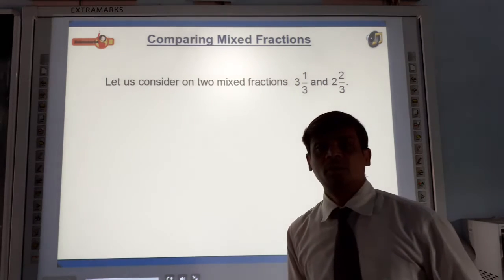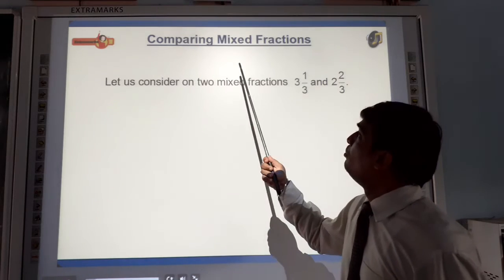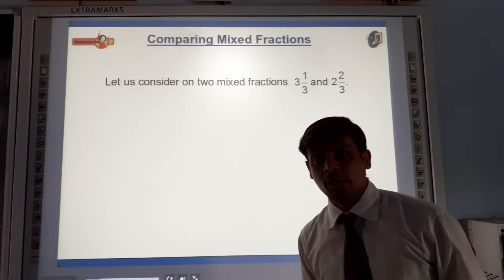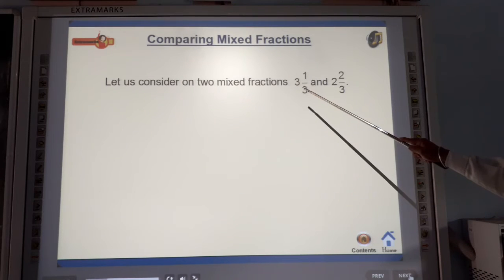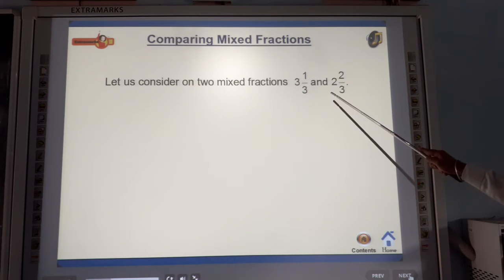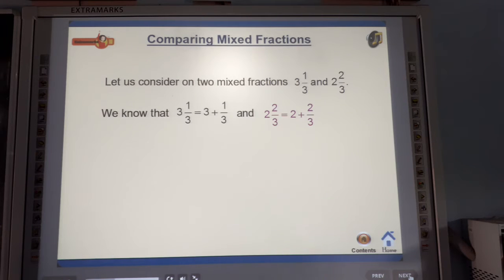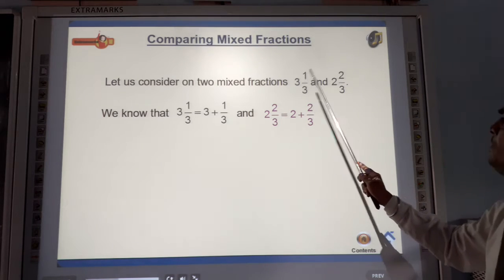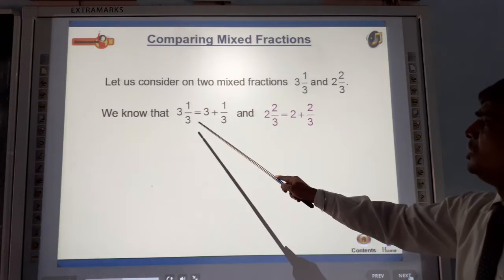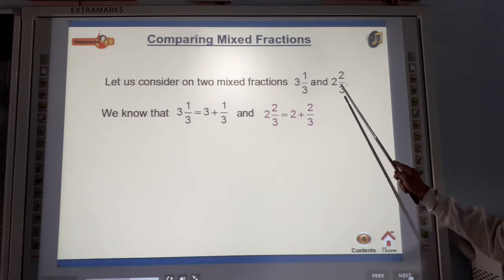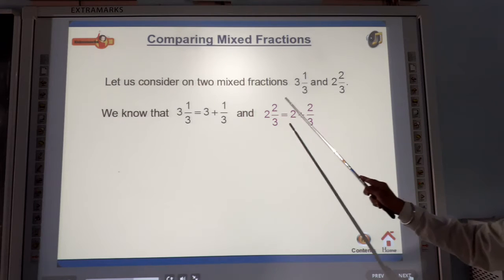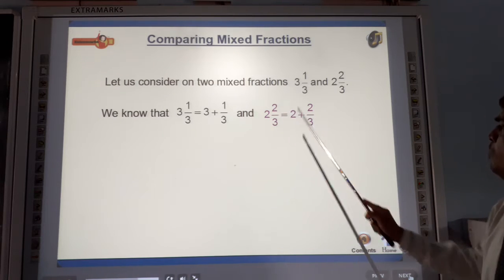Next topic, comparing mixed fractions. Okay, look at this. Let us consider two mixed fractions, 3 1 upon 3 and 2 2 by 3. We know that 3 1 by 3 as a mixed number is 3 plus 1 upon 3, and 2 2 by 3 is equal to 2 plus 2 by 3.